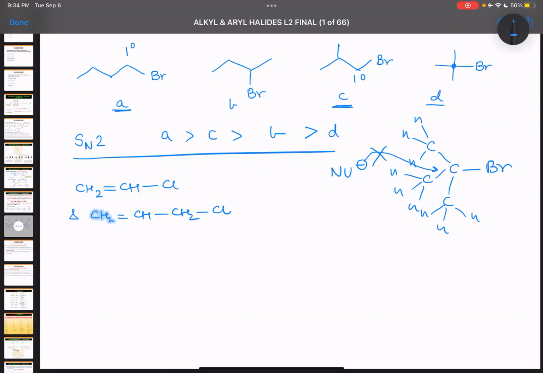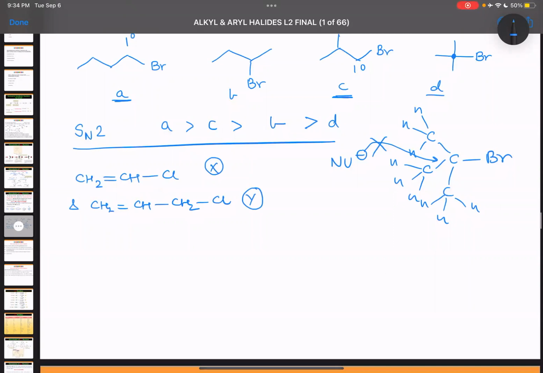Is X going to be faster or Y going to be faster? Y is going to be faster. Why? Because X has partial double bond character on that carbon-halogen bond, due to which the halogen cannot come out. Right.